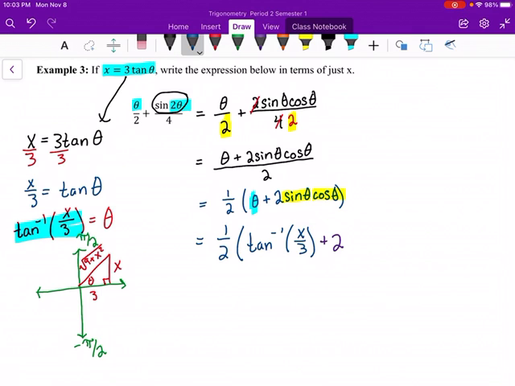And we're going to be multiplying that by our sine of theta, which would be x over the square root of 9 plus x squared. And then we're going to multiply this by cosine of theta, which is 3 over the square root of 9 plus x squared.